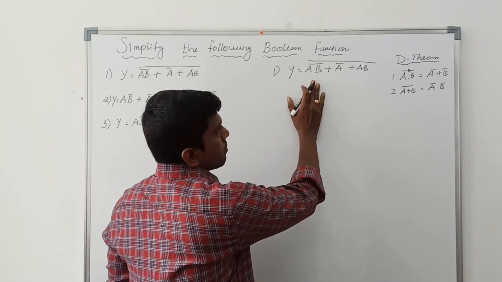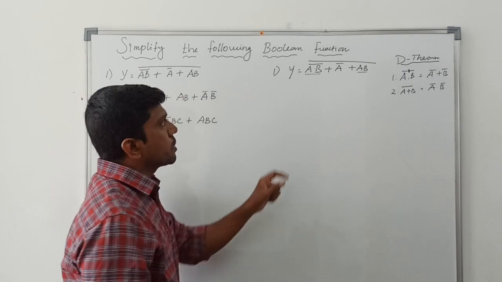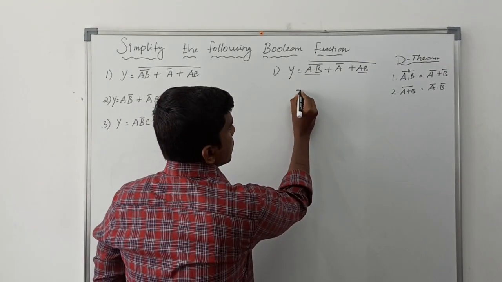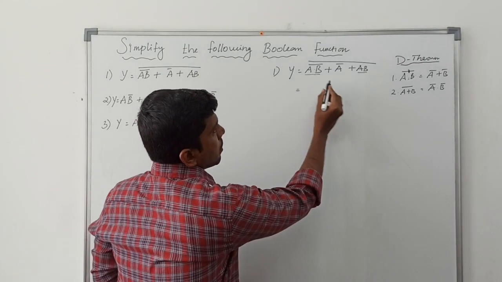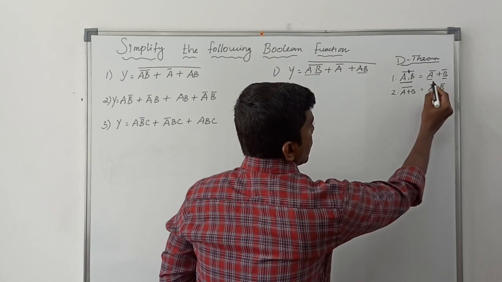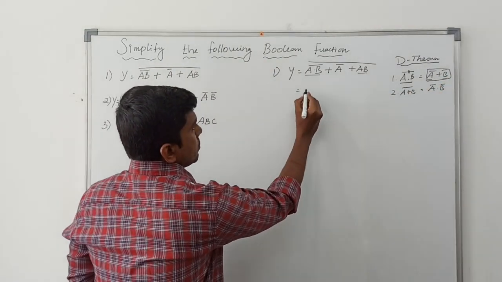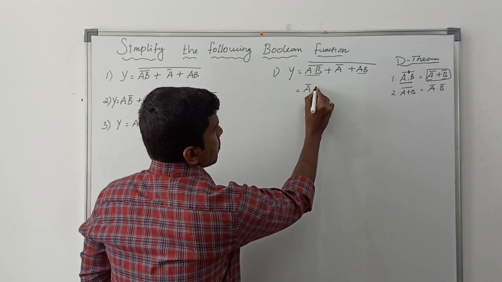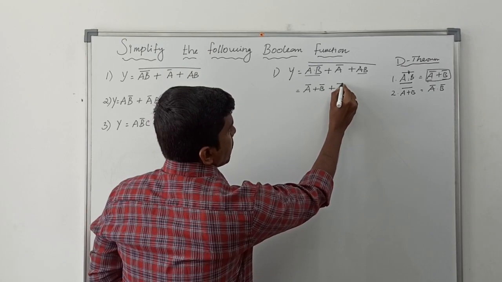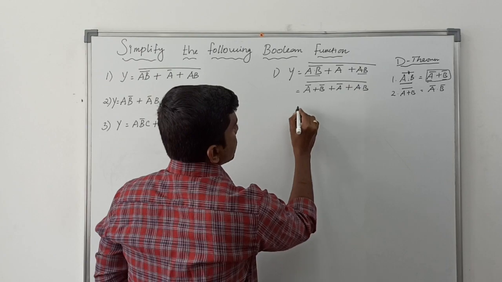In this expression, we have two product terms, (A dot B) the whole bar and (A bar plus AB) the whole bar. First I take the product term (A dot B) the whole bar. Applying De Morgan's theorem, the result is A bar plus B bar. This result is applied here: A bar plus B bar plus (A bar plus AB) the whole bar.